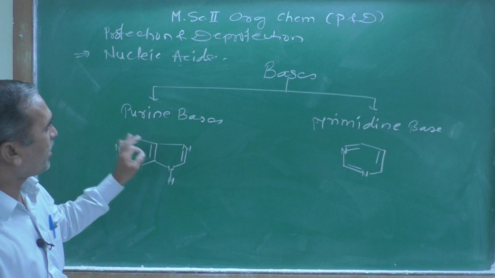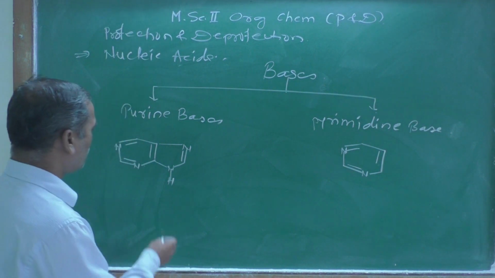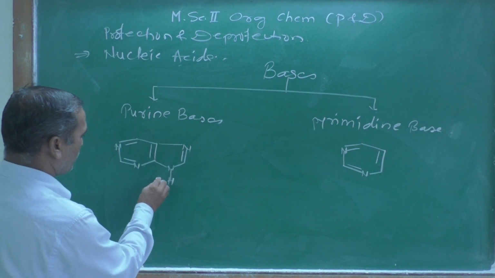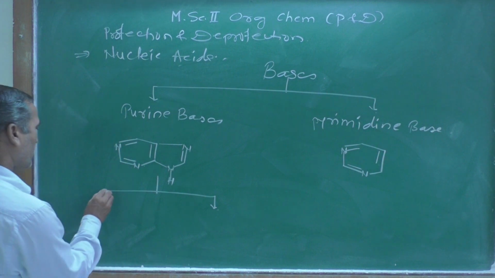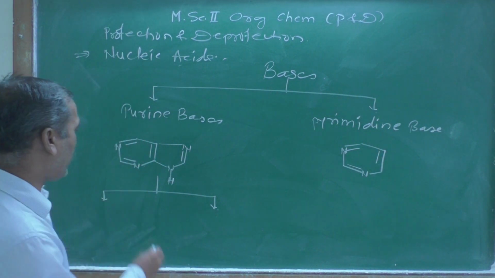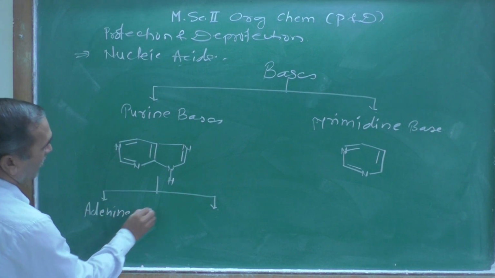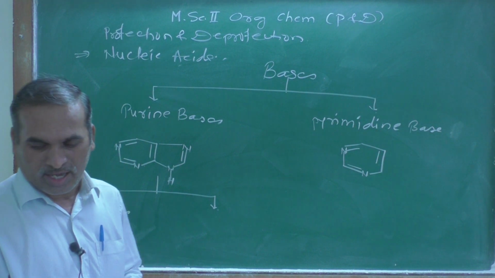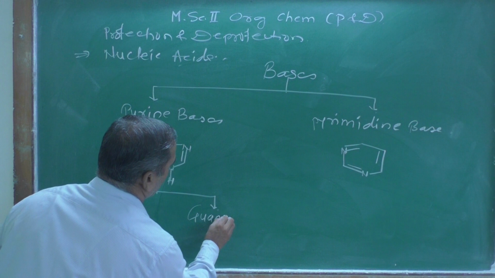Now this purine is further divided into 2 types. One is known as adenine, and the second one is known as guanine.